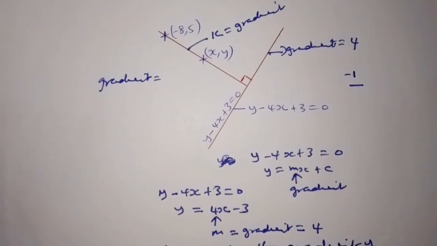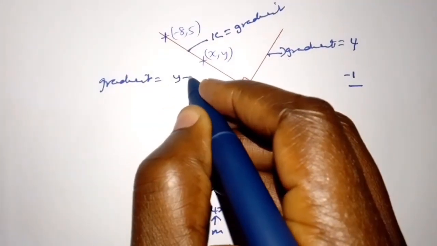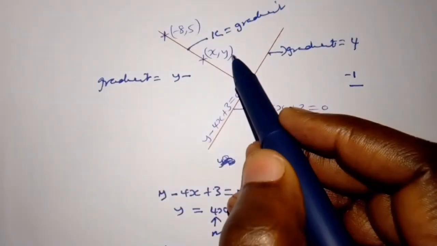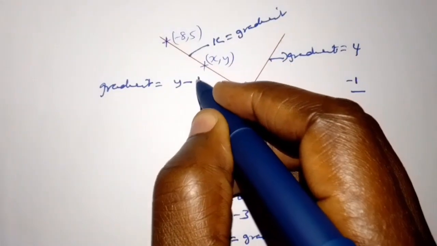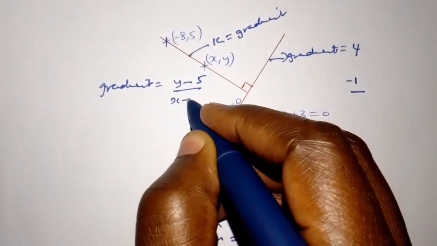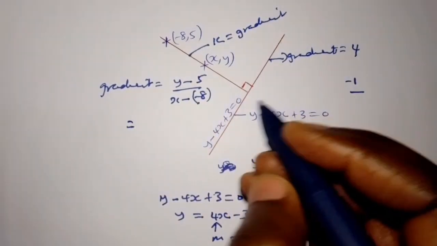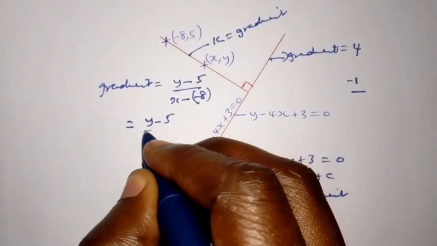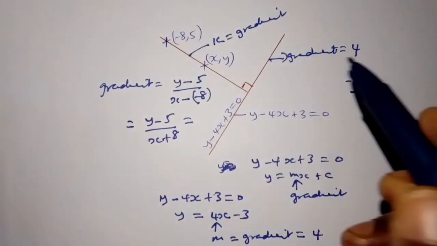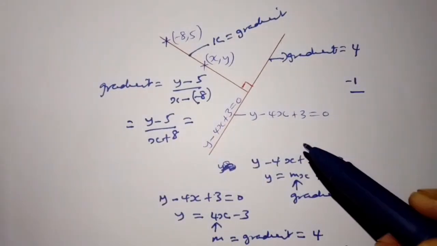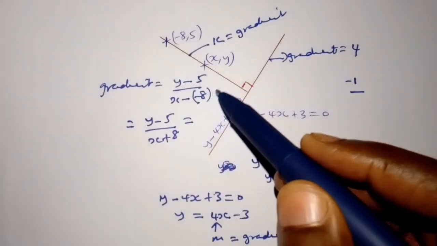So we subtract: y minus 5 over x minus negative 8. This gives us y minus 5 over x plus 8, which is supposed to give us the gradient of this line.